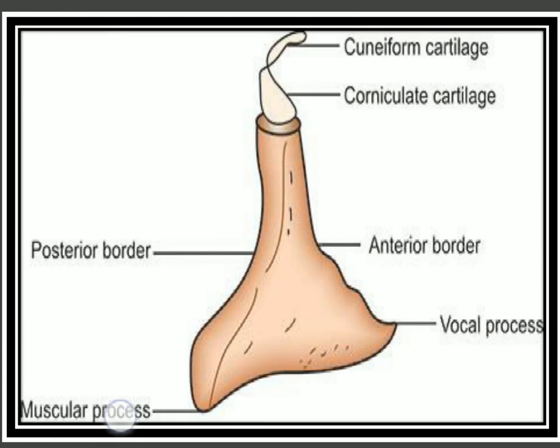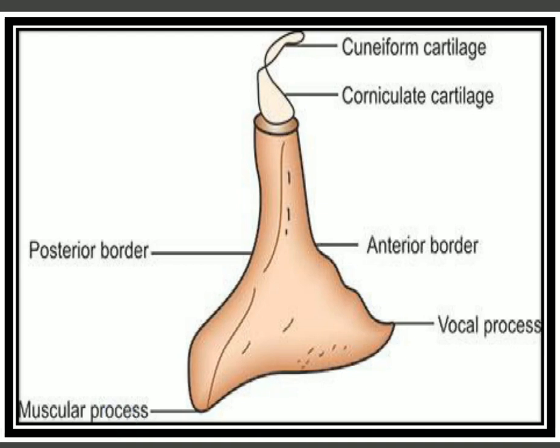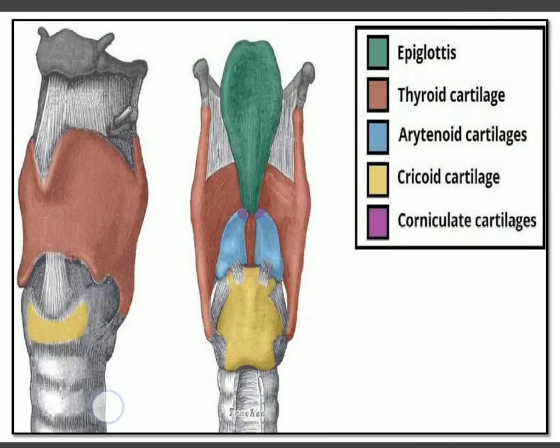So the apex articulates with the corniculate cartilage and the base articulates with the upper border of the cricoid lamina. You can see here in the figure, in purple is the corniculate cartilage. So the apex is articulating with the corniculate cartilage and the base is articulating with the lateral part of the lamina of the cricoid cartilage. This is the base and this is the apex.